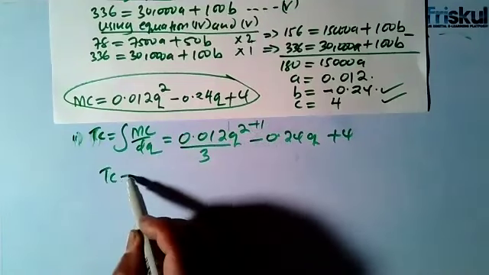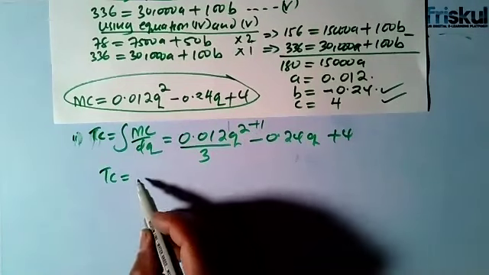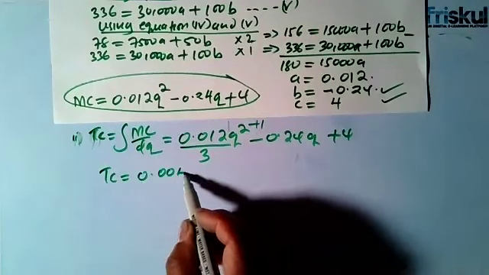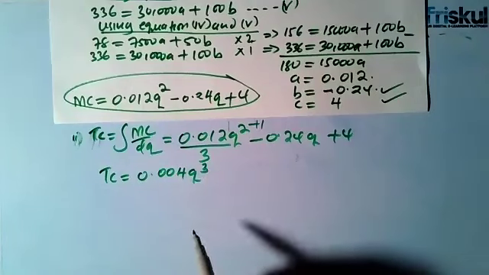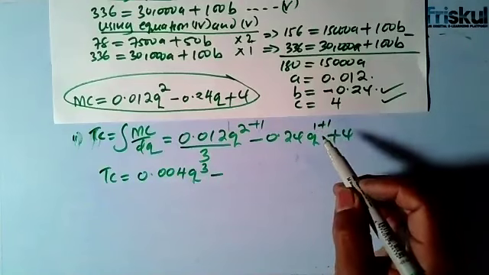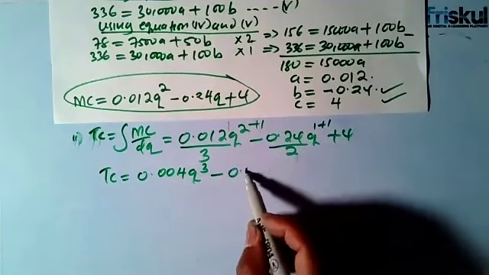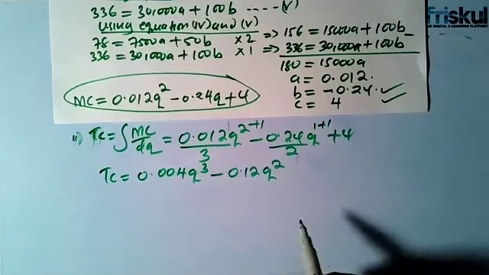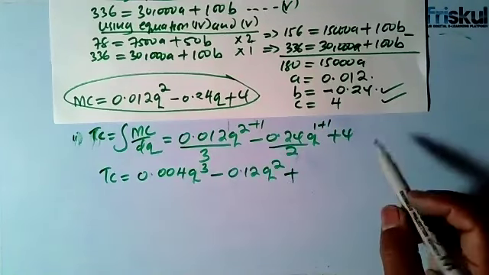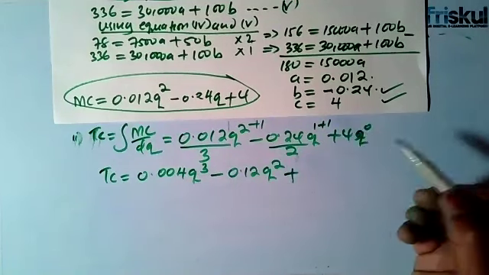So that means the total cost will be 0.004 Q cubed minus, the same as Q raised to power 1. 1 plus 1 you get 2, then you divide by 2. So you get 0.12 Q squared plus, this 4 is the same as Q raised to power 0.